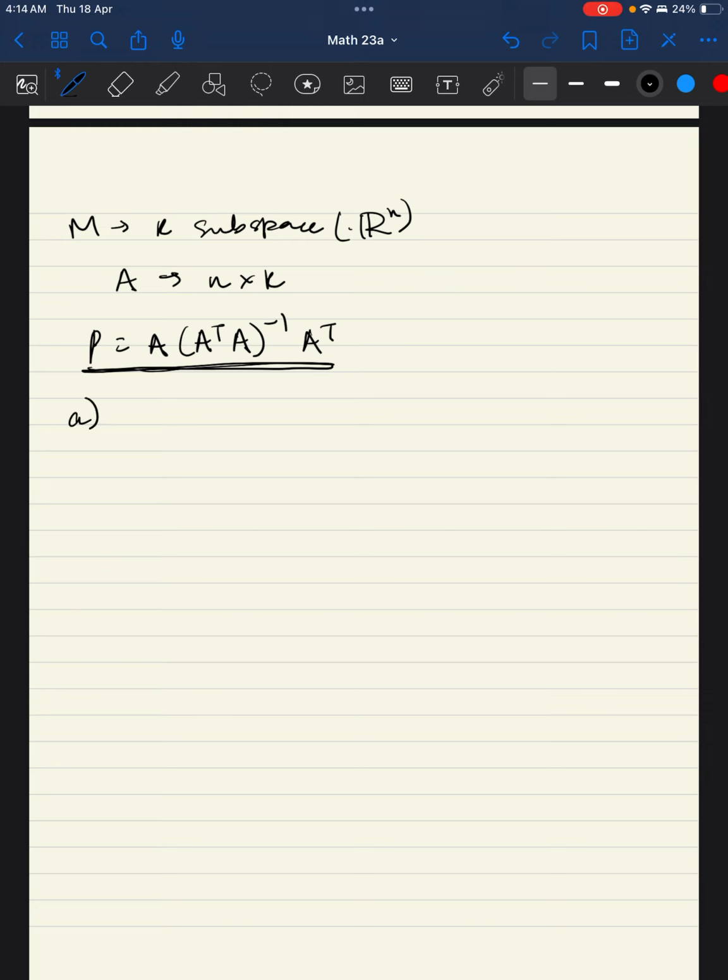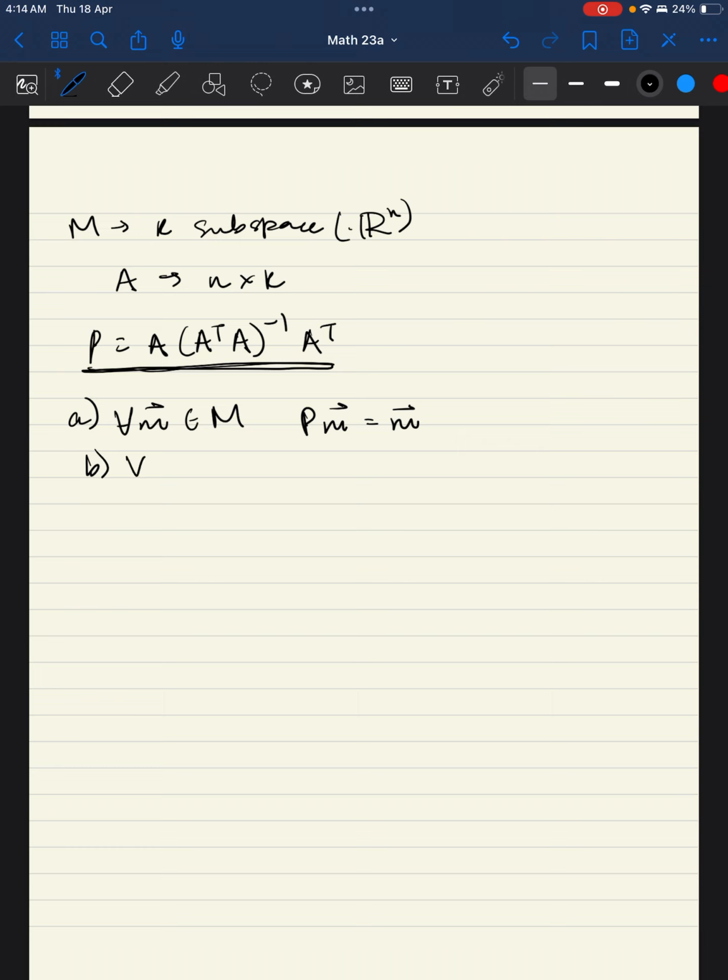First part is for all m, the elements of M, Pm is equal to m.